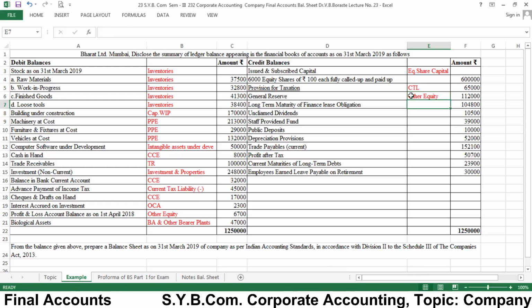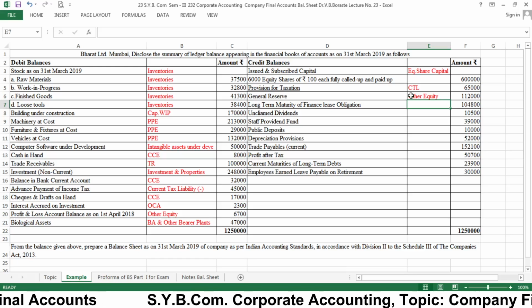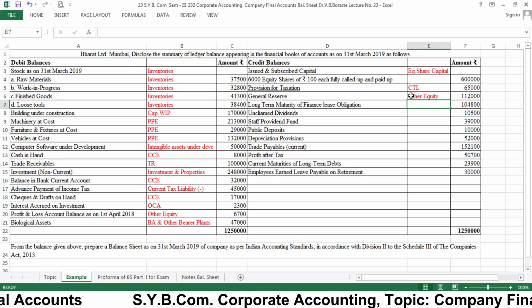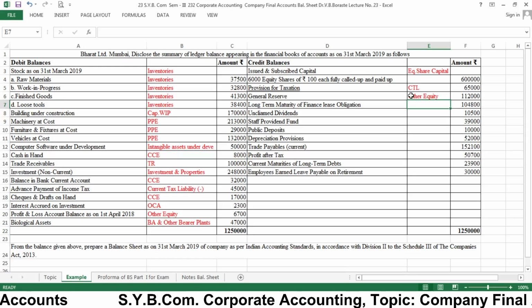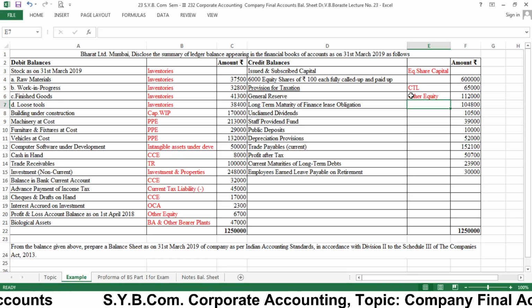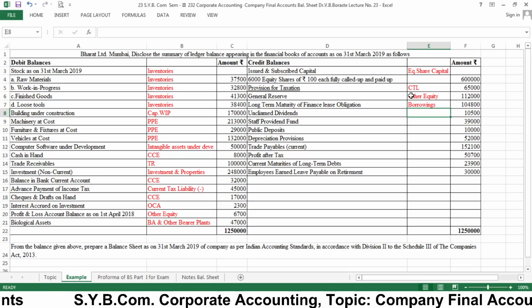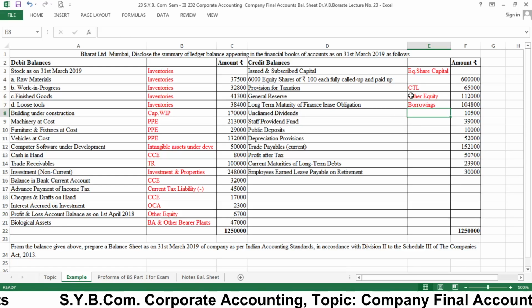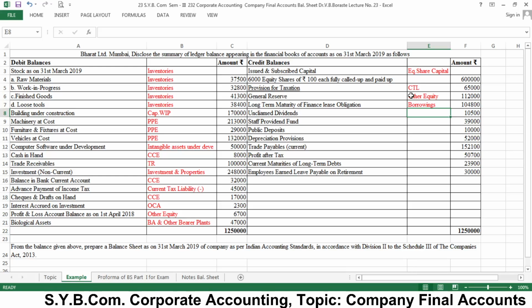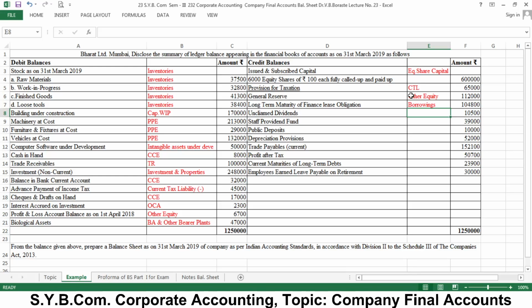And then long-term maturity of finance obligations. This is borrowings. Then unclaimed dividend, other financial liability.